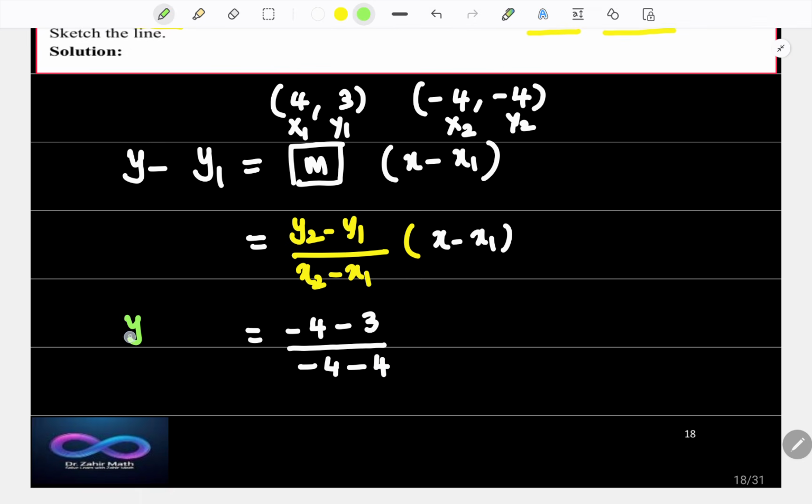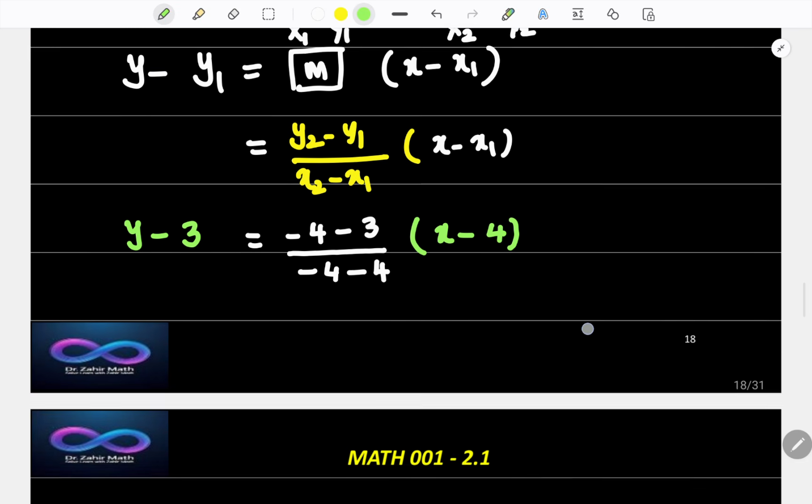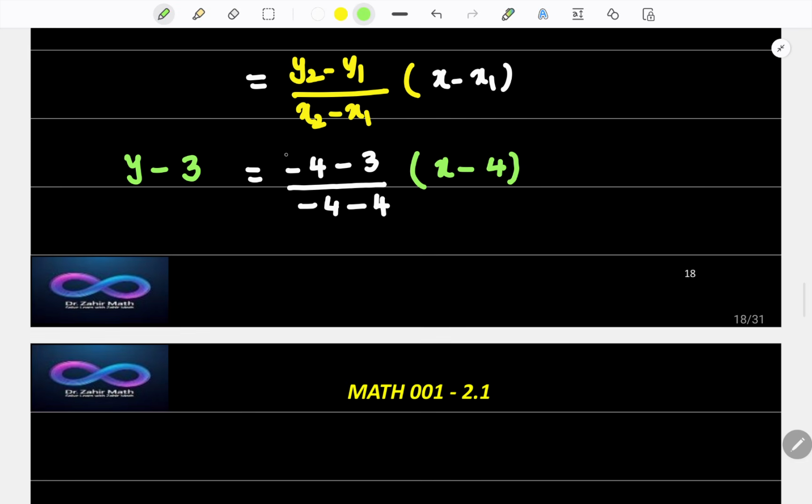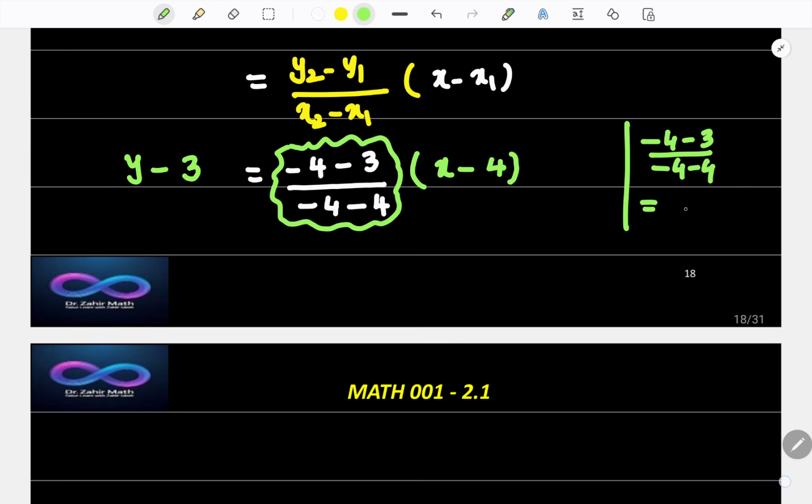Y minus y1, what is your y1? Which is 3. And x minus x1, x1 is how much? Which is 4. Don't do anything else. First you simplify this part because you'll always make mistakes. So simplify this part: minus 4 minus 3 divided by minus 4 minus 4. You can put it in the calculator also, which is negative 7 divided by what? Negative 8. So it is going to become 7 over 8.